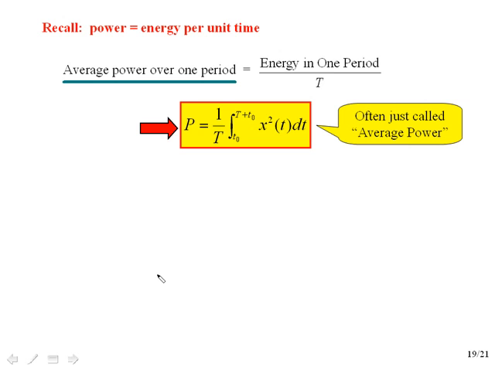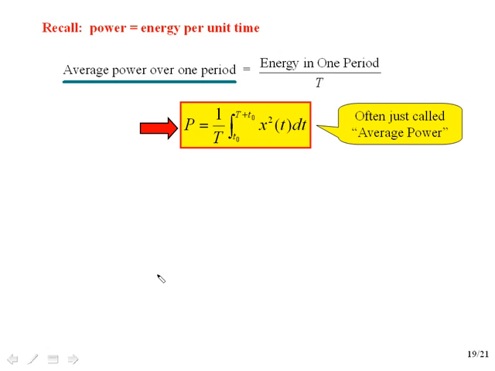In the same way that if we were driving in a car and we wanted to know what our average speed was, remember, speed is a rate, power is a rate, so speed and power, I'm drawing an analogy.